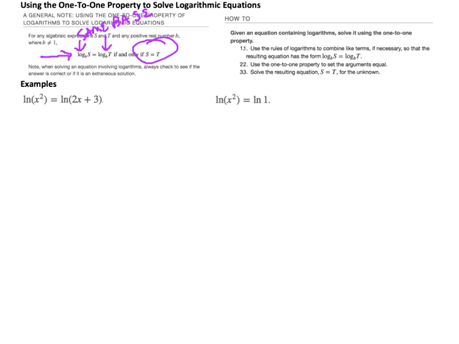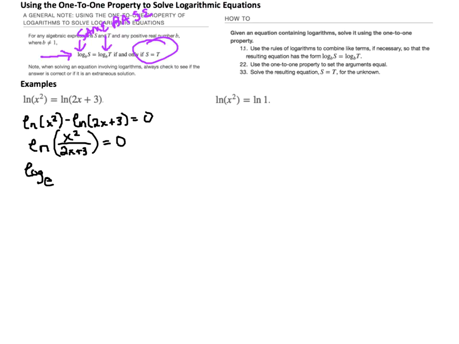Not going to pull that x squared, or that square down. I'm just going to subtract so that I can use my quotient rule and combine those into one logarithm. So the ln of x squared minus the ln of 2x plus 3 equal to 0 now. My quotient property of logarithms says that this is the same thing as the ln of x squared divided by 2x plus 3, and that's equaling 0.